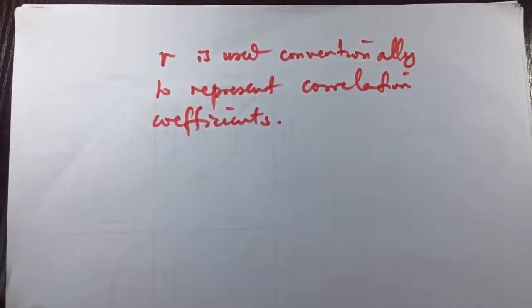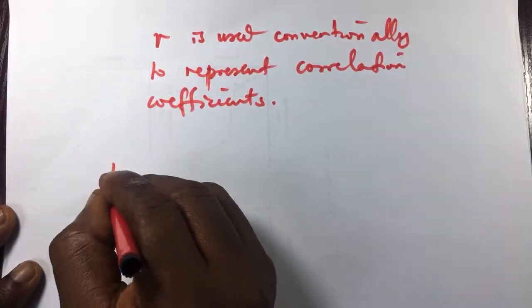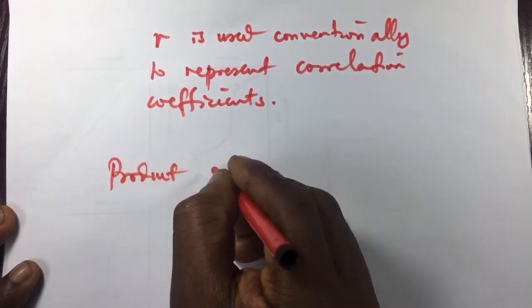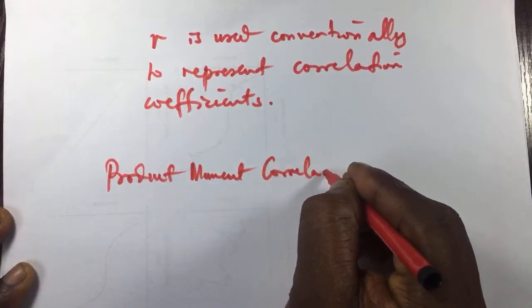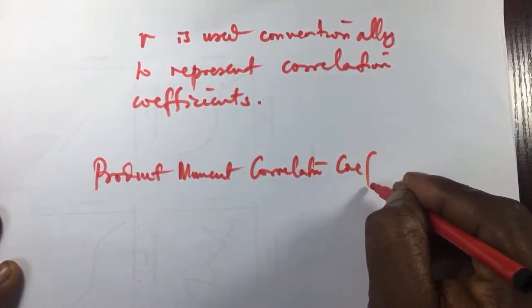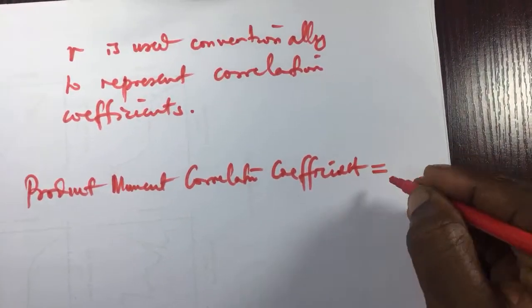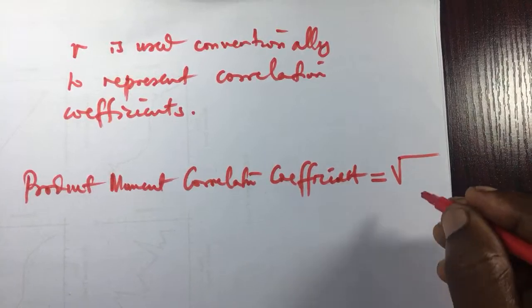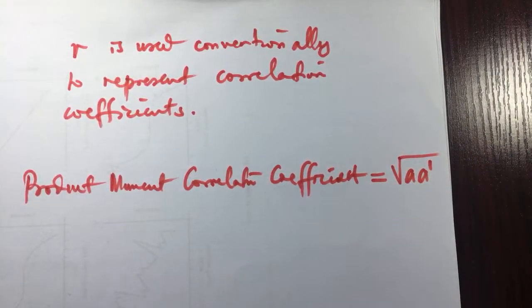Now, how do we obtain the correlation coefficient called the product moment correlation coefficient? And I'm going to show you this. So, product moment correlation coefficient is obtained when you take the square root of A times A prime.